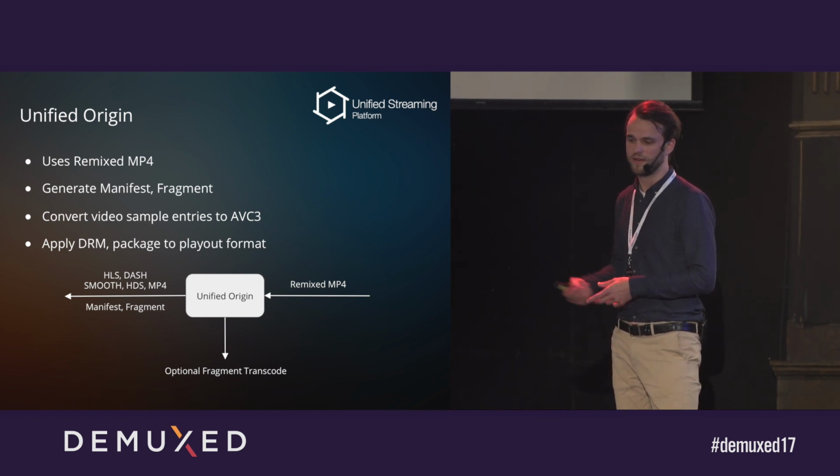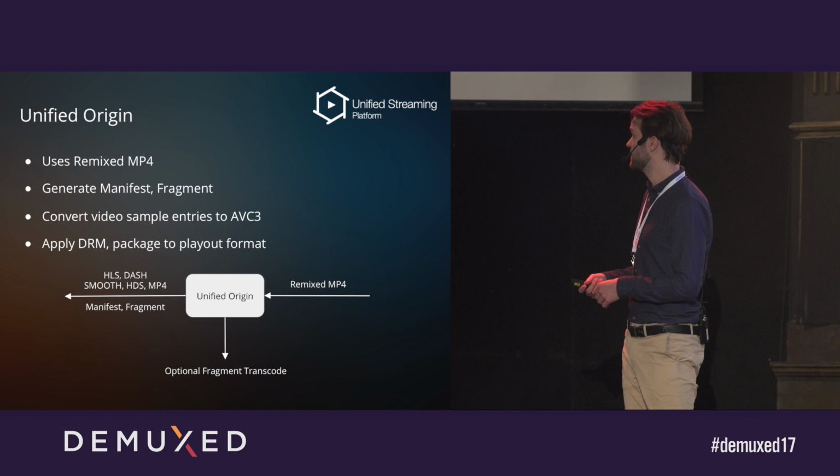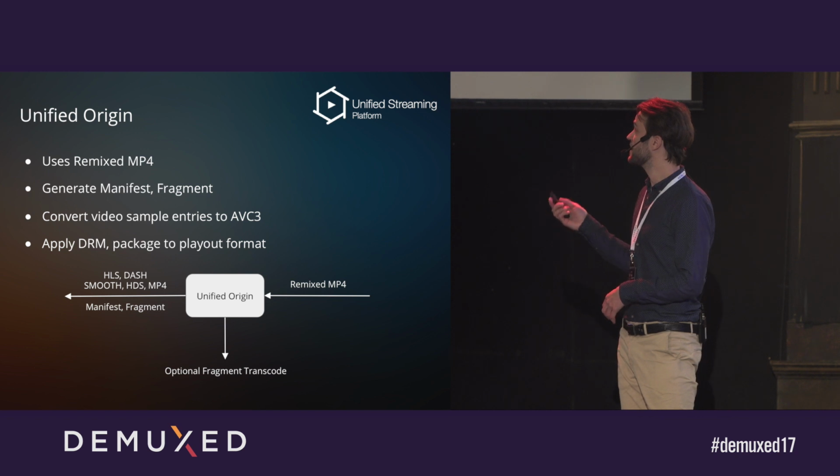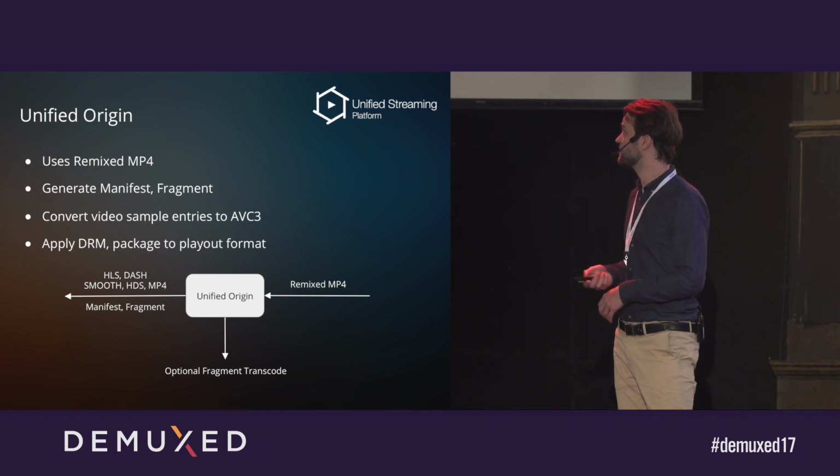So before every single I-frame of a video, we just insert a codec configuration, SPS, PPS, and we don't have to think about any more patching. So finally, we can apply some DRM and then package it to whichever playout format.